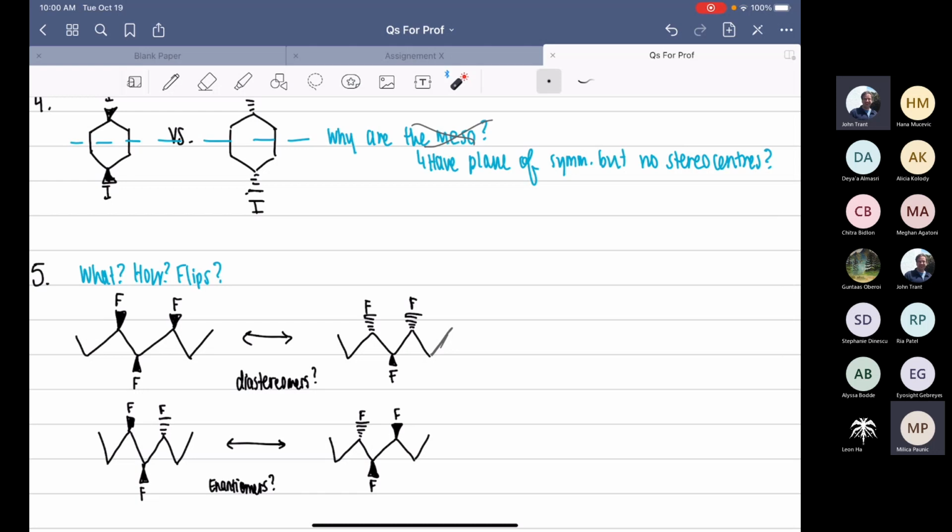So I think what this is answering is that middle carbon is a stereocenter. I think what we're answering here is that it is. I just don't know how you would name it. I think I was just going off of the number of flips, because I realized that to distinguish between diastereomers and enantiomers, or chiral and achiral, I was looking at whether they all flip or only some.